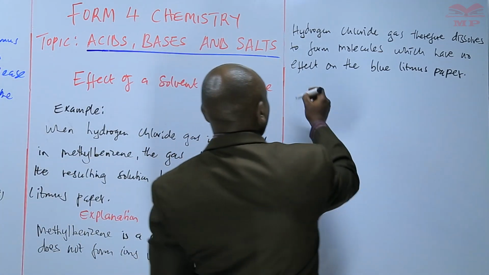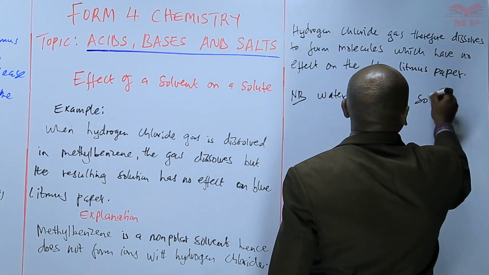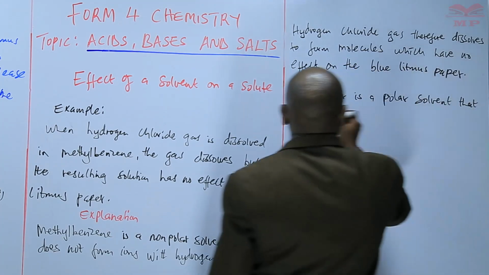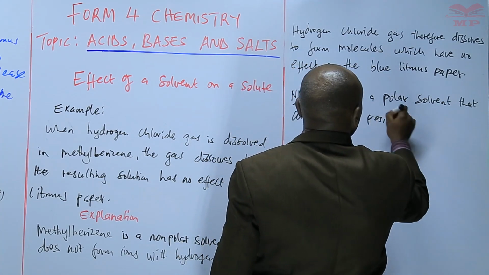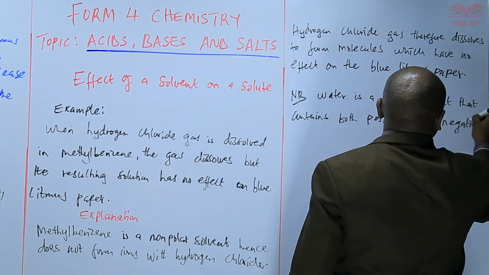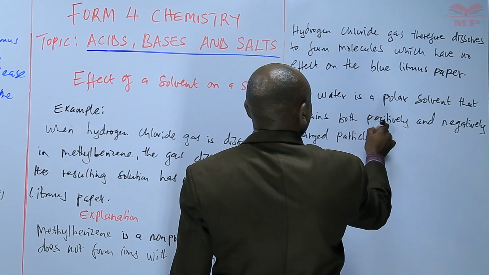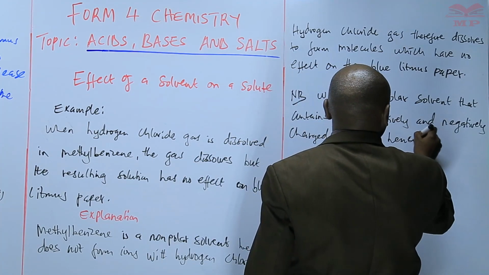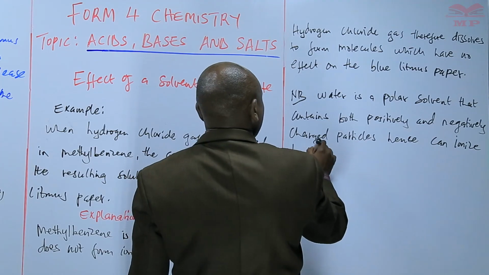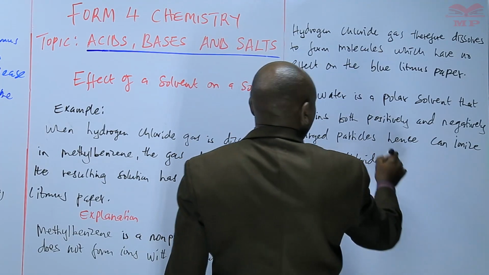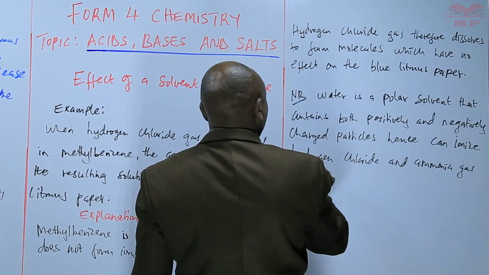So basically, water is a polar solvent that contains both positively and negatively charged particles, hence can ionize hydrogen chloride and ammonia gas, which are molecular.